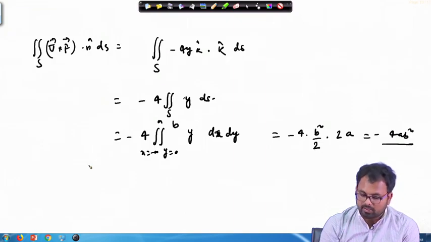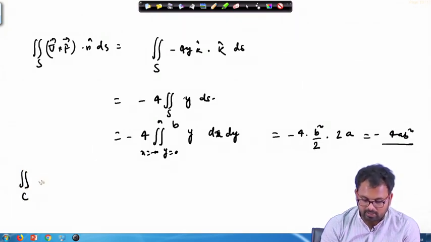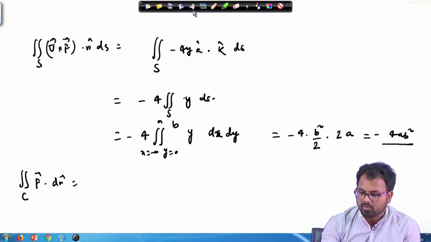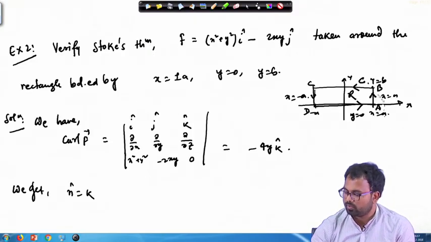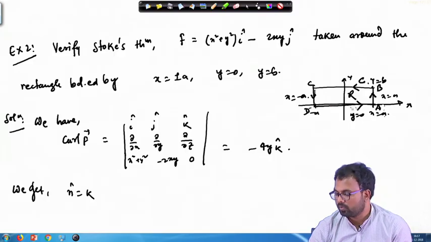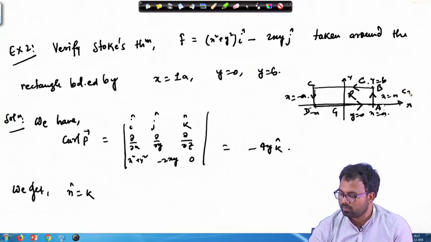Now, for the line integral over C, we have to be a little bit careful, because our curve C is composed of 4 mini curves. This is our C1, this is our C2, this is our C3, and this is our C4.